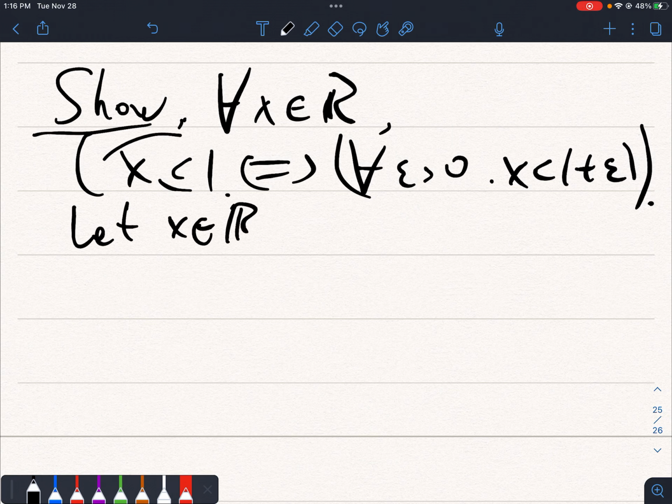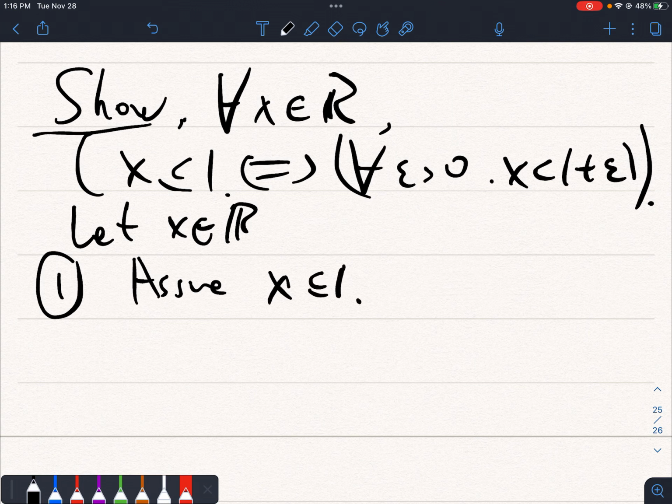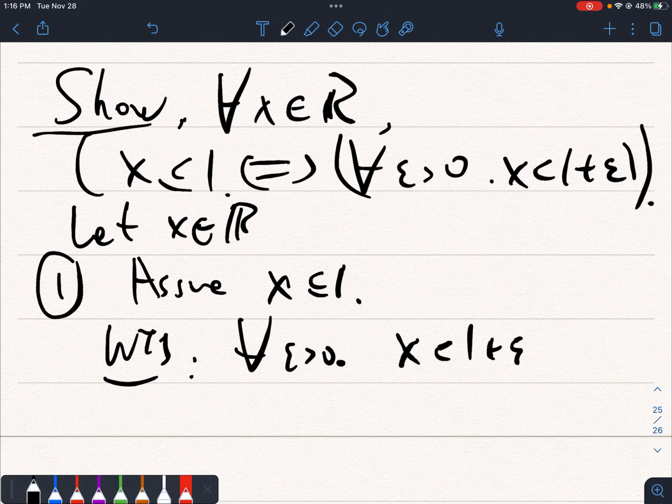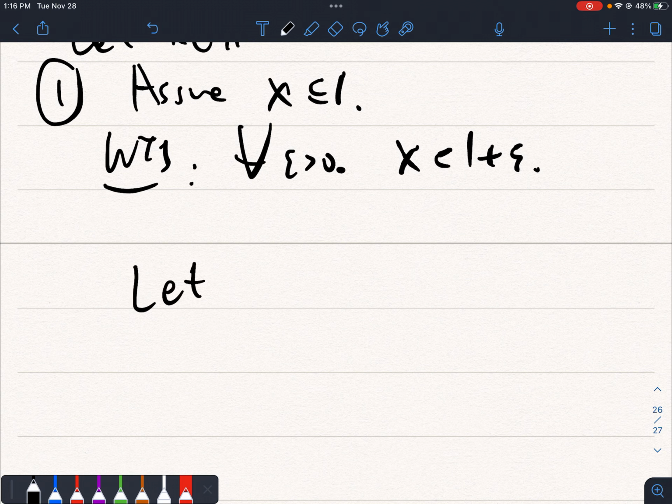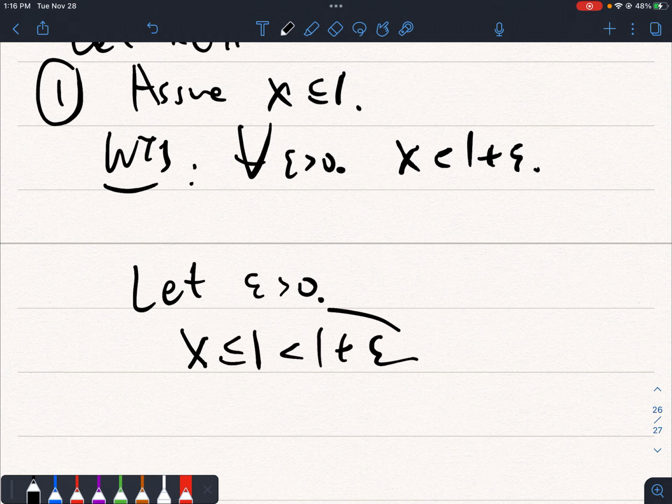So I claim that the first direction is true. Okay, so the first direction is that we assume x is less than or equal to 1. And then we want to show that for all epsilon bigger than 0, we have x is less than 1 plus epsilon. But it's clearly true, because we just let epsilon be bigger than 0, and then x is less than or equal to 1, and 1 is less than 1 plus epsilon, right?